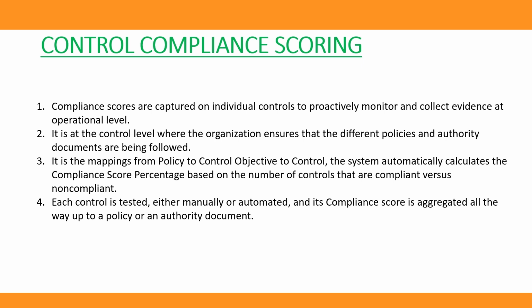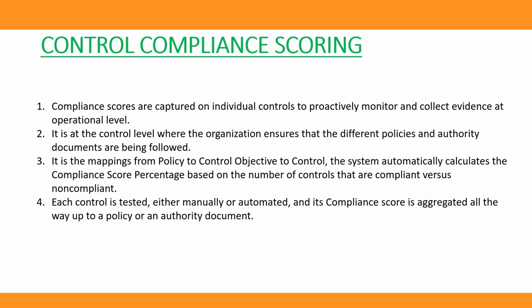Organizations track this at the control level itself to ensure that the different policies and authority documents are being followed, right? So, it is the mapping from policy to control objective to control. The system automatically calculates the compliance score percentage based on the number of controls that are compliant versus non-compliant.